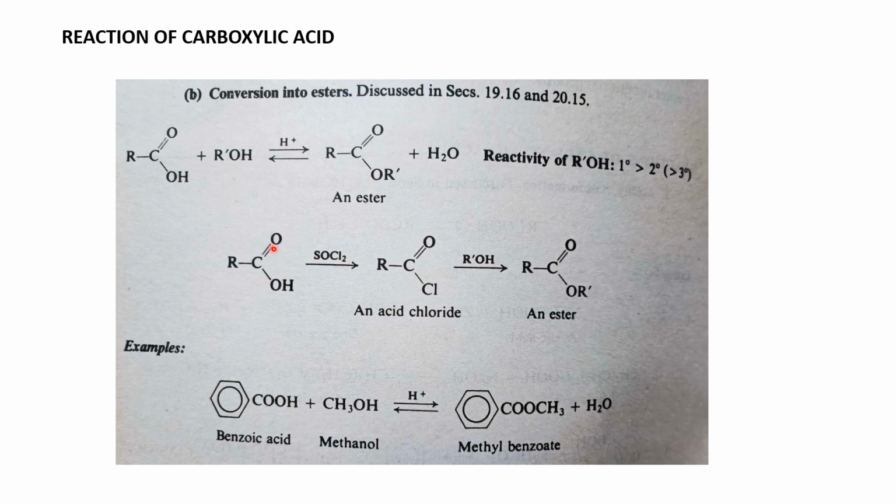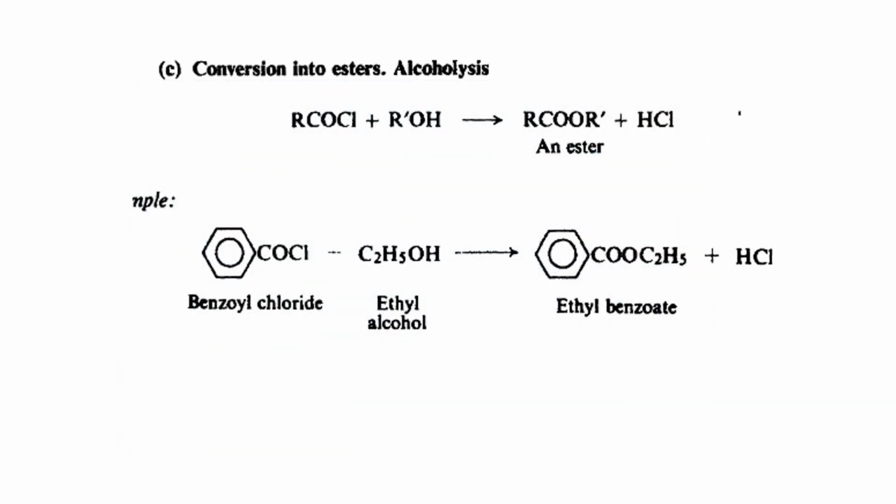Or you can start with carboxylic acid and convert it first to acid chloride. And with reaction of alcohol, you will also form an ester. Okay, so this is an example at the bottom. The formation of methyl benzoate from benzoic acid and methanol.